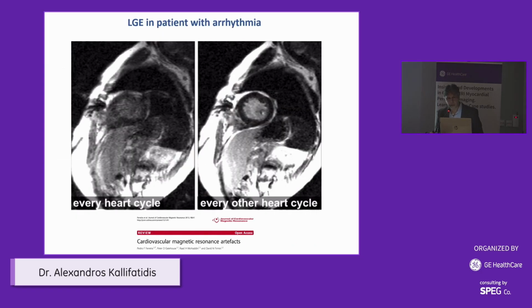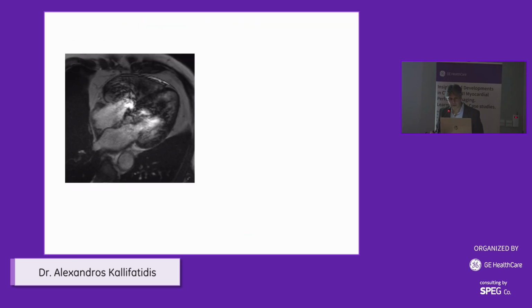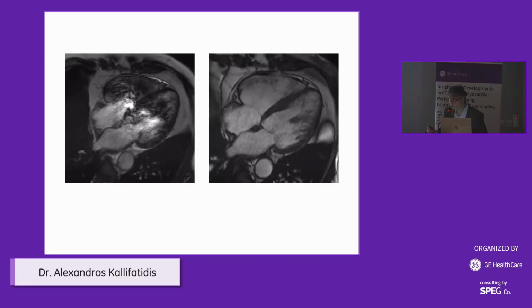Also in patients with arrhythmia, when we are doing LGE, maybe we can try to scan them every other heartbeat in order to improve these arrhythmia artifacts. This is another case with magnetic field inhomogeneity artifact that we can improve by applying shimming and increasing the field of view.